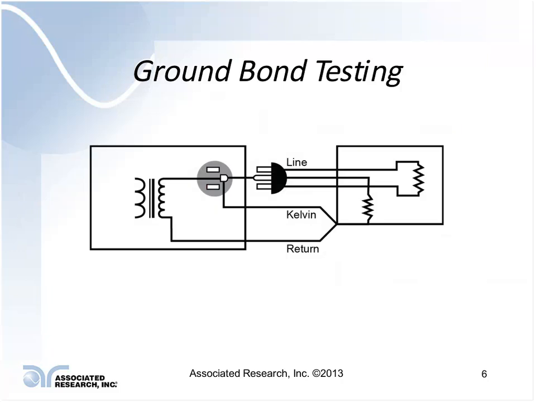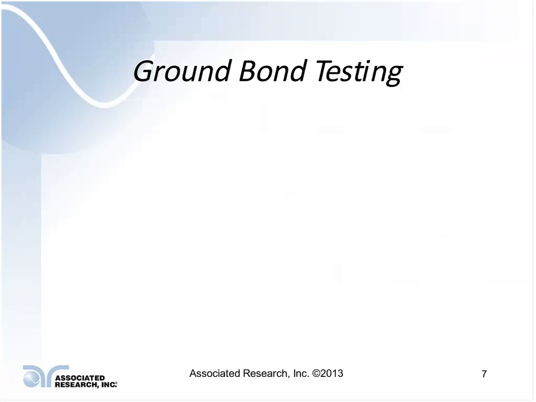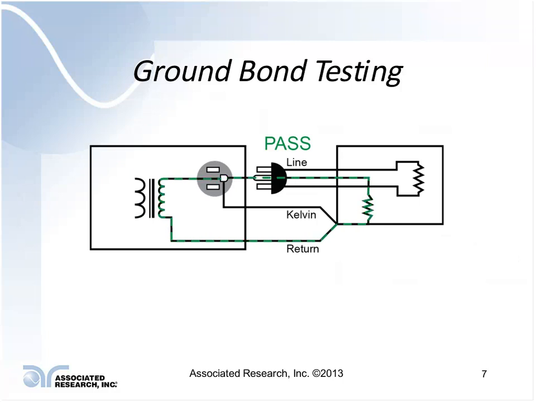So what's going on here? Well, this is the circuit diagram. On the left-hand side is our ground bond tester, and on the right-hand side is our solar panel. So here's a pass condition. You can see current flowing from the ground wire, and it doesn't necessarily need to be a three-prong plug.